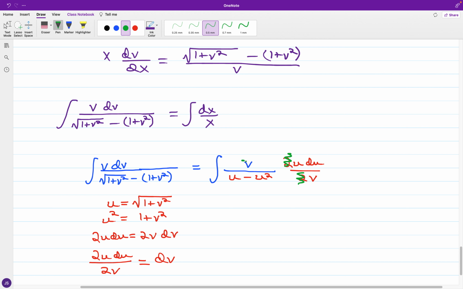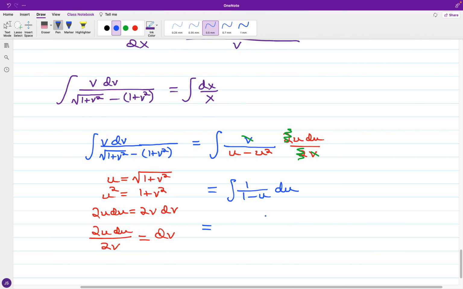Likewise, we will have v's to cancel. And so this will come down to where we have u over u minus u squared. So this would be 1 all over 1 minus u du.